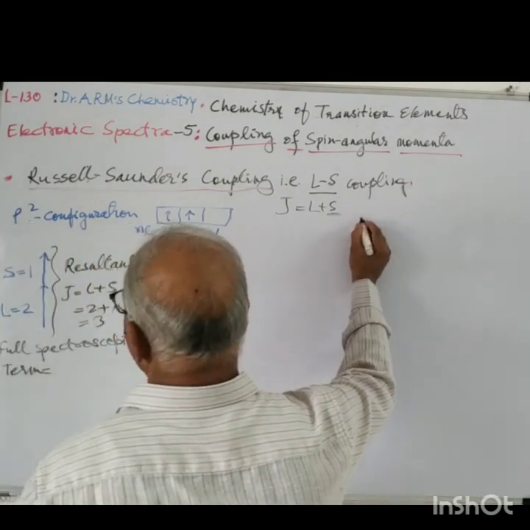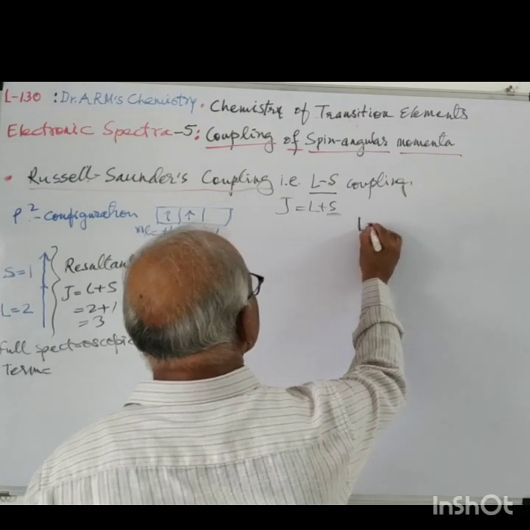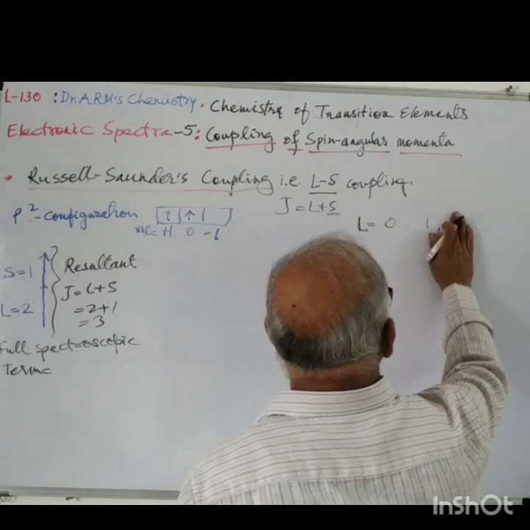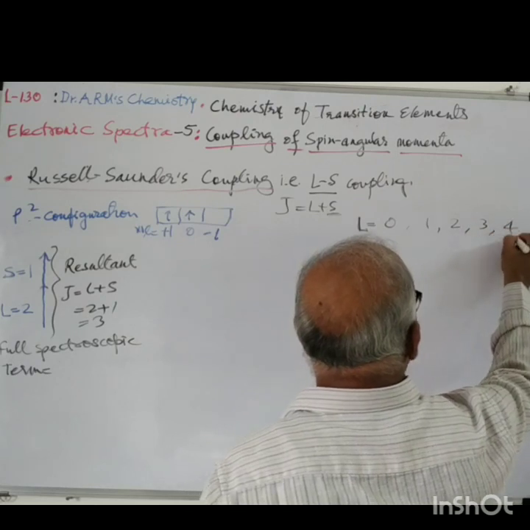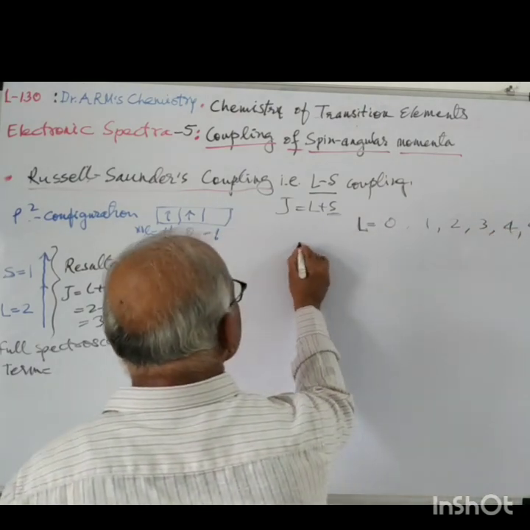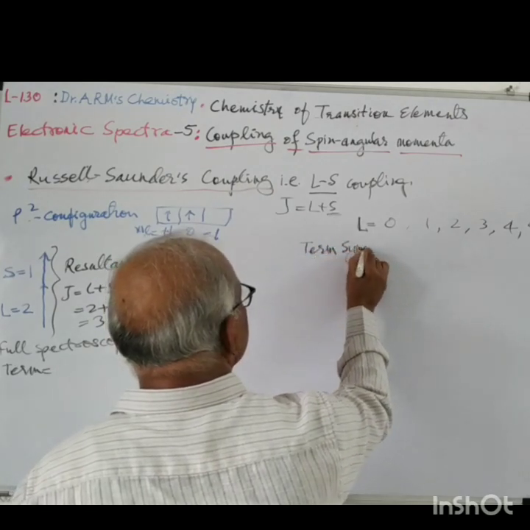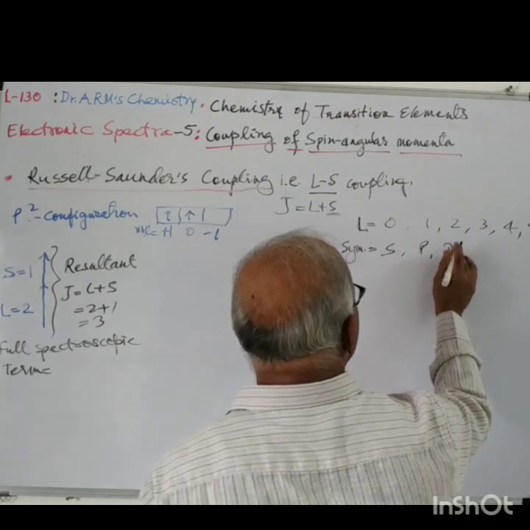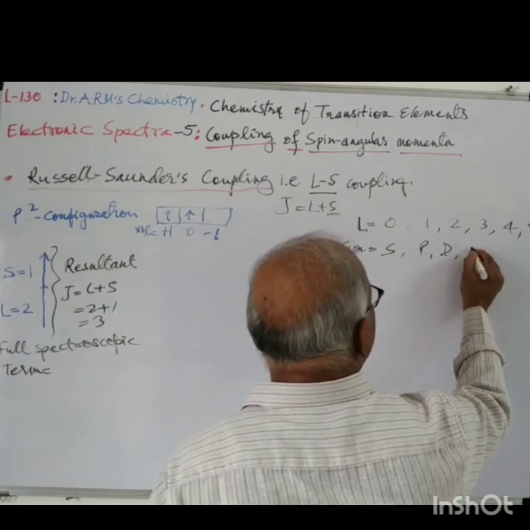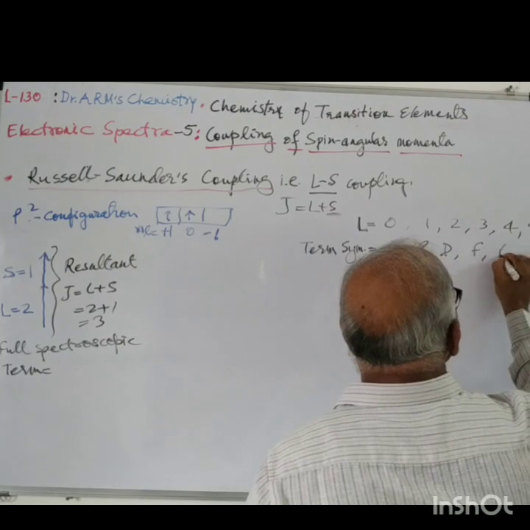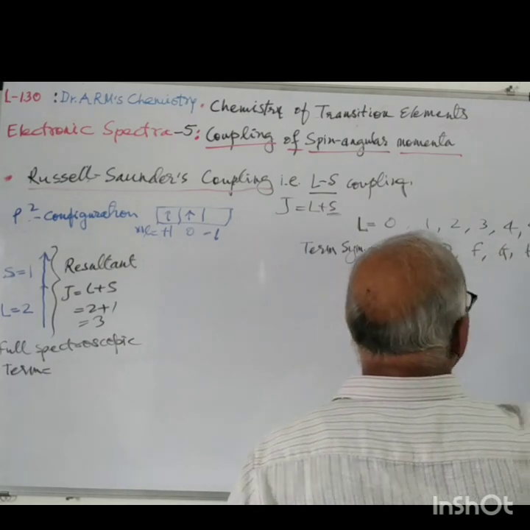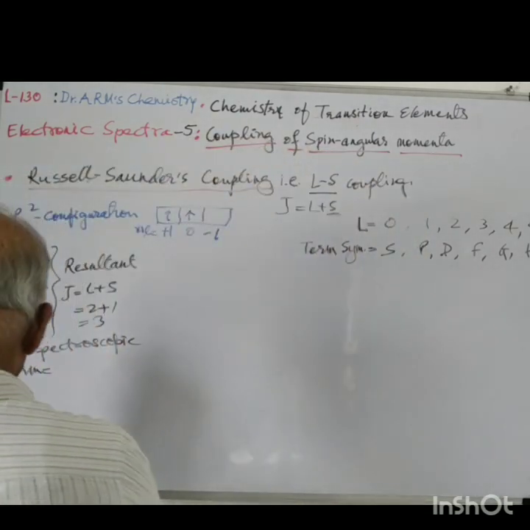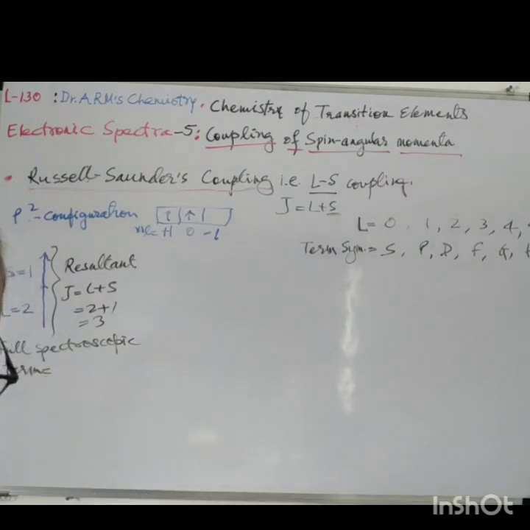Now we have to show here the L value equal to 0, then 1, 2, 3, 4, 5, etc. And for these the term symbol is S, then P, then D, F, G and H, or for sixth it is K but not J. J is orbital.